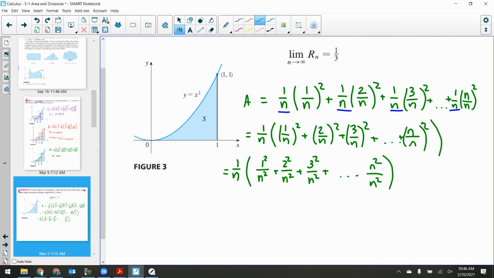They are all n squared, right? So can't I even rewrite it this way? 1/n times 1/n squared times 1 squared plus 2 squared plus 3 squared plus n squared. You see what I did there? I removed 1 over n squared.